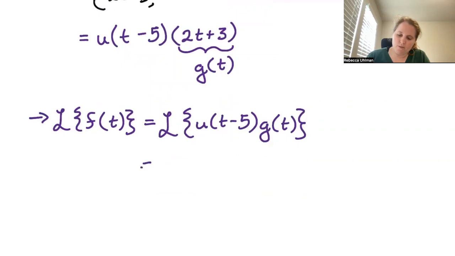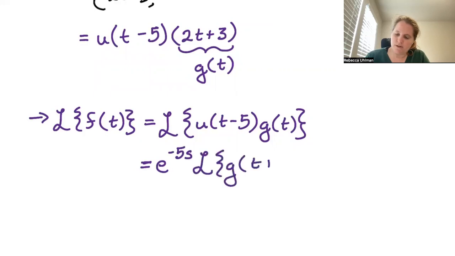And this is equal to e to the negative 5s times the Laplace transform of g of t plus 5. So then it becomes, what is g of t plus 5?